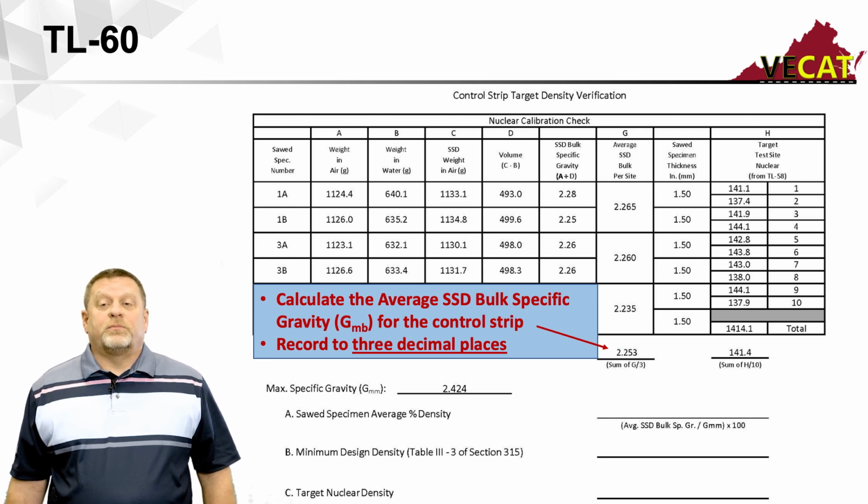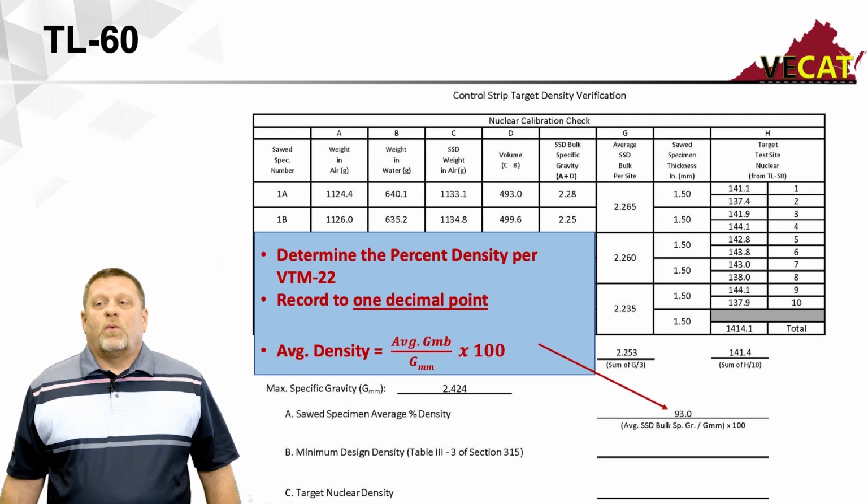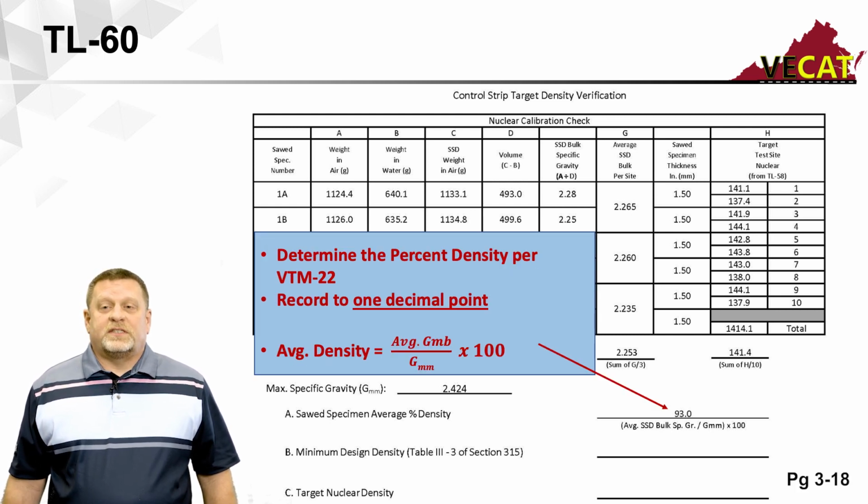Now I need to determine if that bulk specific gravity will meet the minimum density requirement going forward. To do that, we have to calculate the percent density for this control strip. For that calculation, I'll also need to know the RICE.